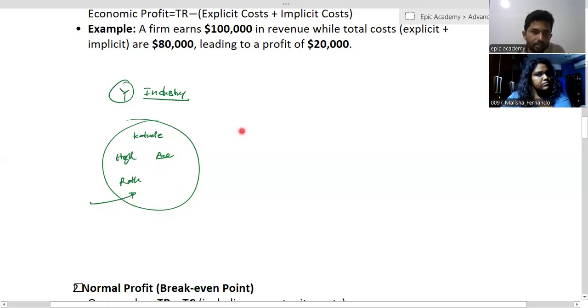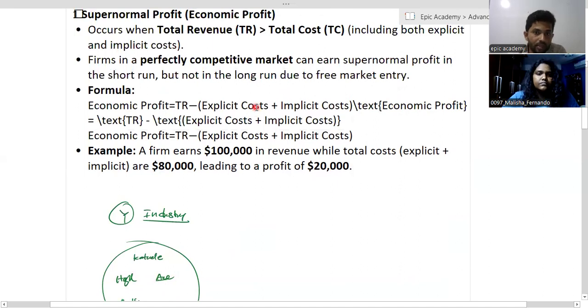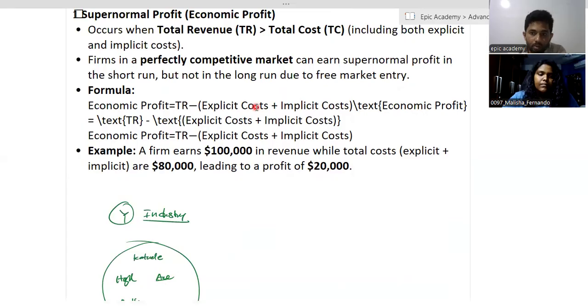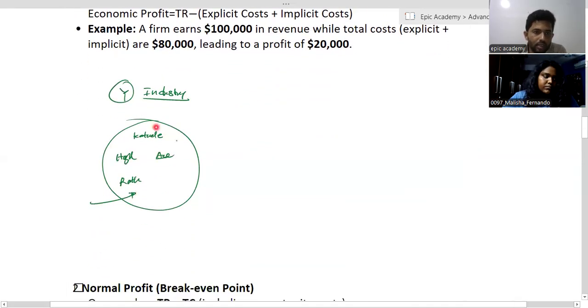Many firms are there. So then we are going to discuss the free market entry and exit due to short run profitability. Just consider this industry runs its economic activity in the short run.